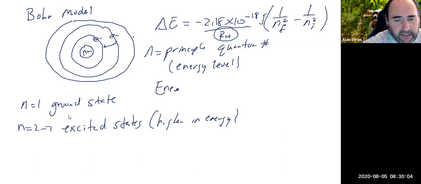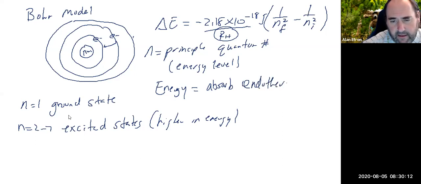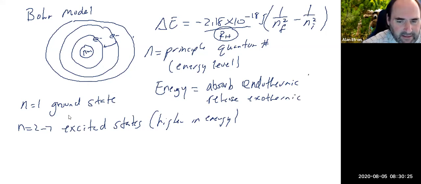But energy in the sense of absorbing energy is endothermic, and giving off or releasing energy is exothermic. And in terms of numbers, when you calculate energy, typically endothermic values are positive values, exothermic values are negative values.